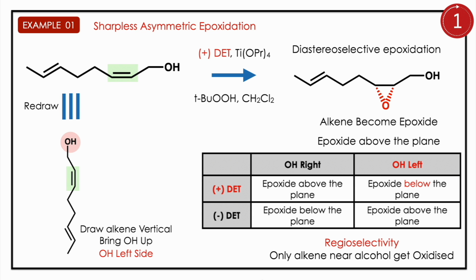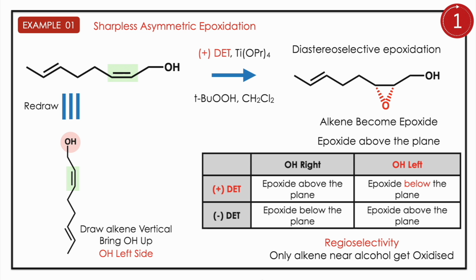By looking at the allylic alcohol and +DET, you might realize it's a Sharpless Asymmetric Epoxidation. So let us go step by step. Here you have two alkenes, but only the allylic alkene reacts. That is regioselectivity. So bring the alkene vertical, OH above. If you look at it, OH is on the left side, alkene is vertical.